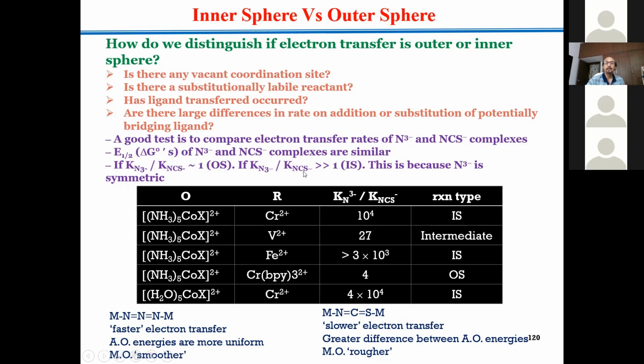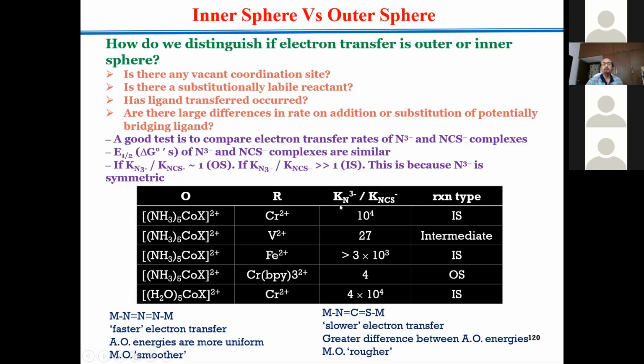Now, if you use this with chromium hexaaqua, vanadium hexaaqua, all these things, and compare the rate, azide versus thiocyanate rate: if the azide rate is much larger than the thiocyanate rate under a particular set of oxidant and reductant, that means the reaction is following the inner sphere mechanism.